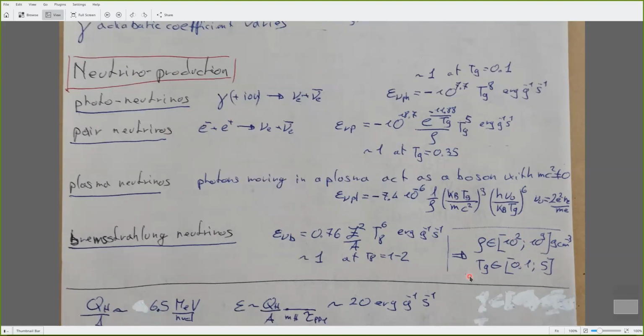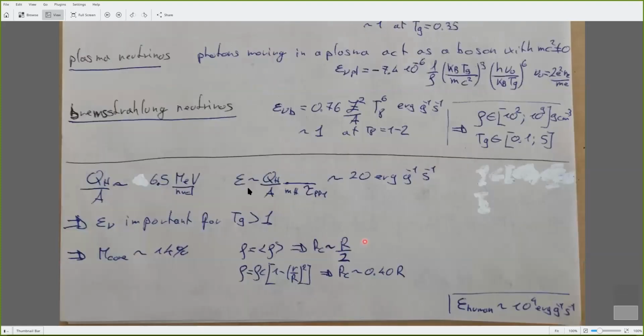Why this? At the beginning of the nuclear reactions, we calculated the mean epsilon, that was just 2 erg per gram and per second.